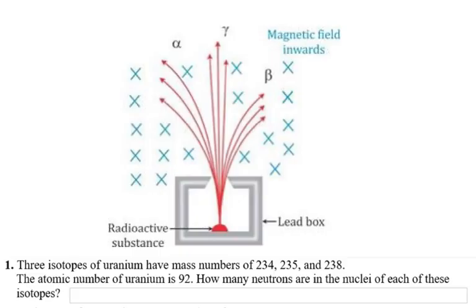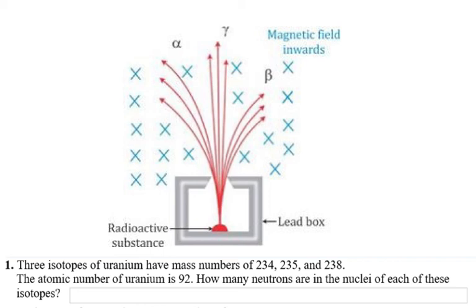And how they were detected or studied when the decays happen: you see here the lead box, and you have a radioactive element, and when the particles are being radioactively emitted, the alpha particles have positive charge, the beta particles have negative charge, and the gamma particles have no charge.